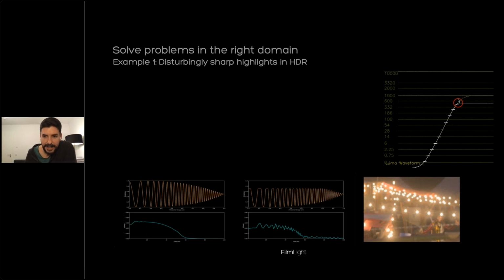And technically, we can compare this to a clipped audio signal in the audio domain. If we have a digitally clipped signal, we can really hear some kind of distortion in the audio, with a sharp cutoff. And the same kind of distortion is also happening in a digital image.